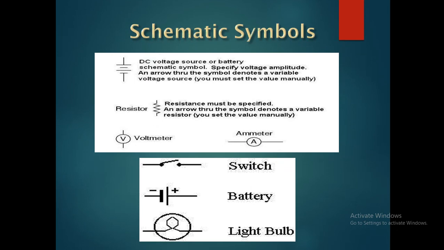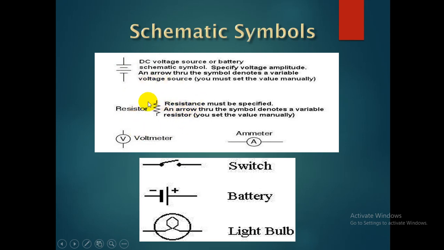Some symbols of electrical sources and electrical passive elements you can see here. This is a DC voltage source or battery. When you have more number of cells, this is a lengthy horizontal line, and this is a short line. The lengthy horizontal line indicates the positive terminal, and the short line indicates the negative terminal.